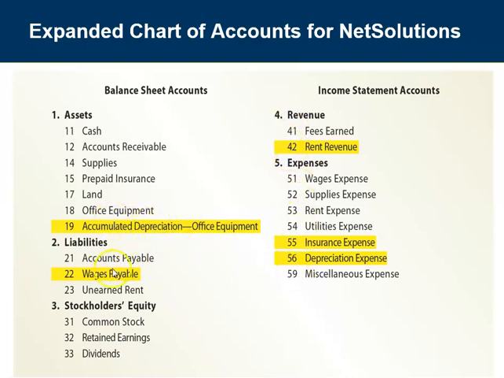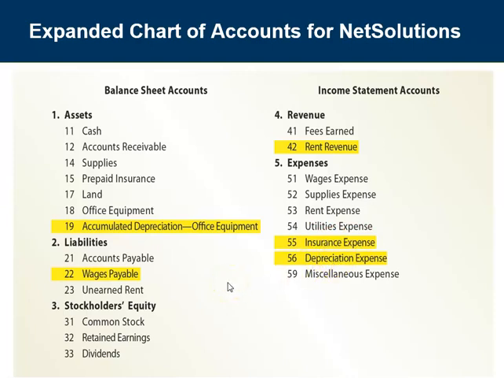All of the items highlighted in yellow represent new accounts that we have not previously dealt with. We've had all of these other accounts, so we've done quite a bit of work already, right? So over the next several slides, we're going to look at adjusting entries that impact these 5 accounts, okay?